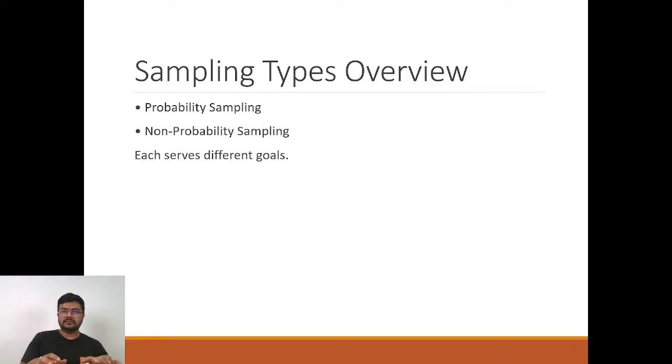For example, there are 10 students and I need to pick one at random and take his feedback about my teaching. So if I keep them seated in front of me and choose anyone at random, that means each one of them has an equal probability of getting selected, right, which is 0.1.